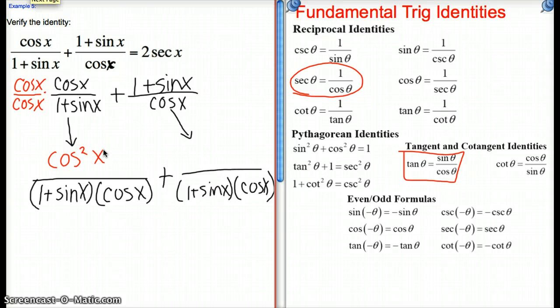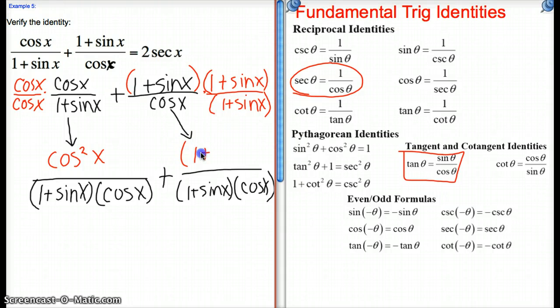The other fraction I'm going to convert by multiplying top and bottom by 1 plus sine of x, in order to get 1 plus sine of x in the denominator of that fraction. And I see that on the top I'm going to have a product of 1 plus sine of x times 1 plus sine of x, or 1 plus sine of x squared.